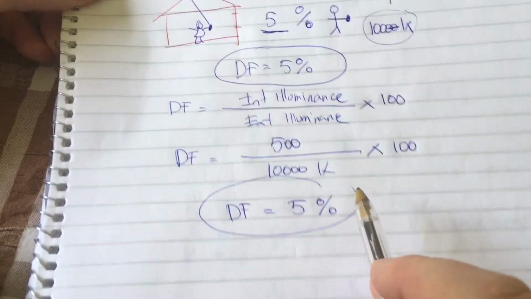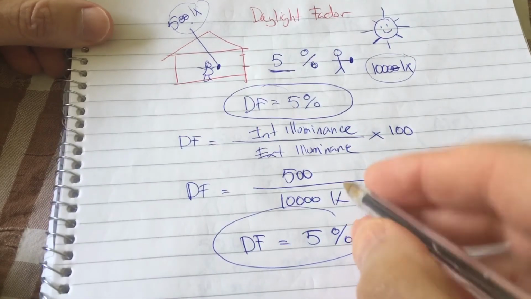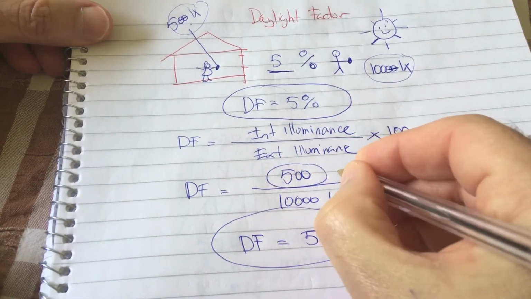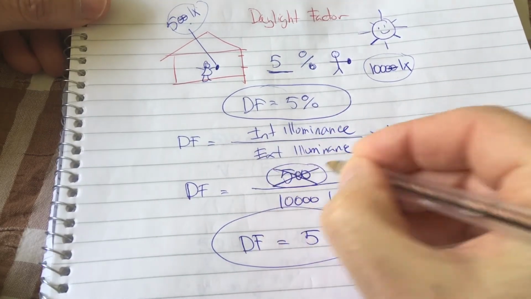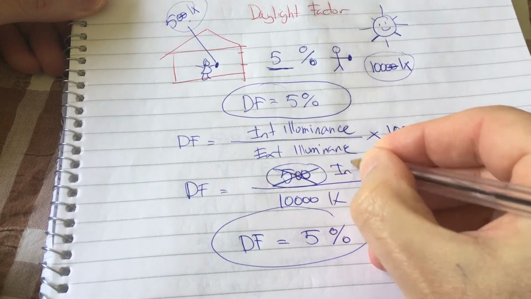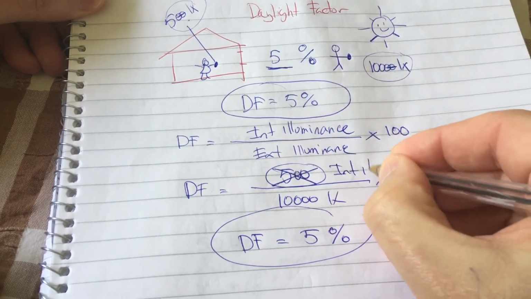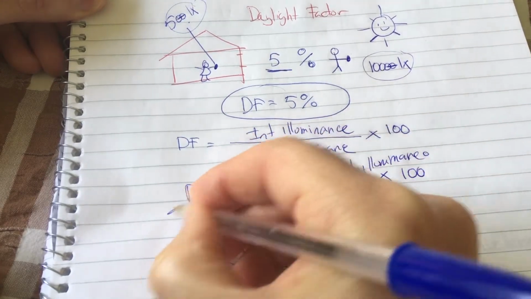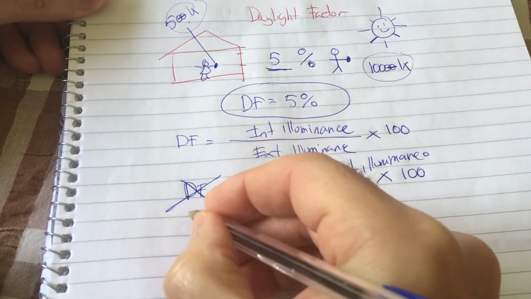Yeah? So let's say I want to know what is going to be this figure, but not this figure, because now I'm going to cross it out and write here interior illuminance. And I'm going to change this by another percentage, and I'm going to put here 6.